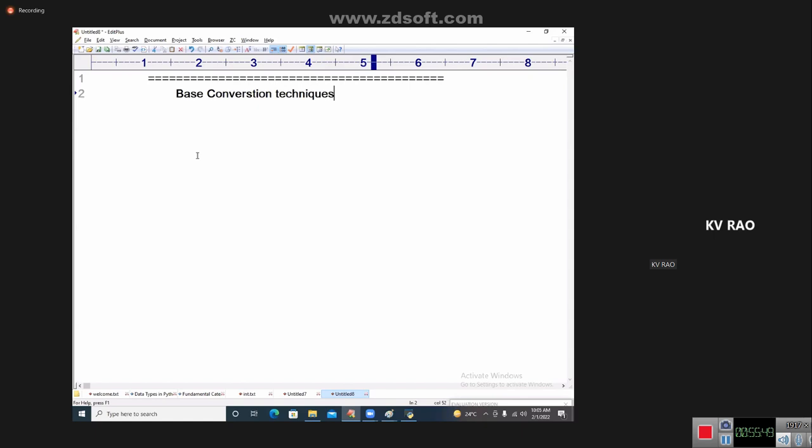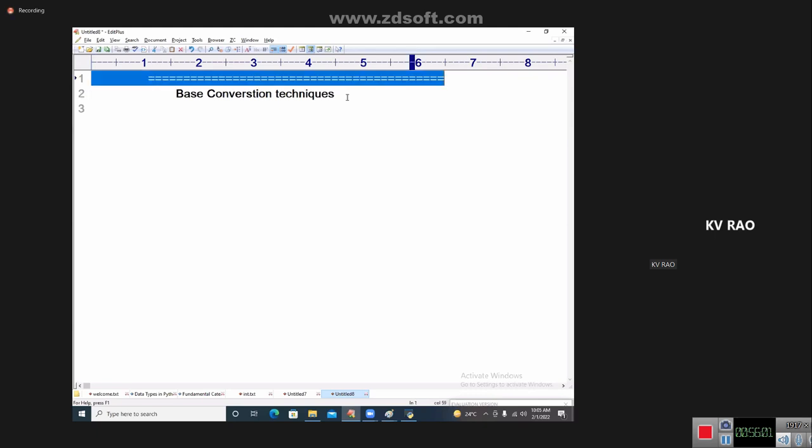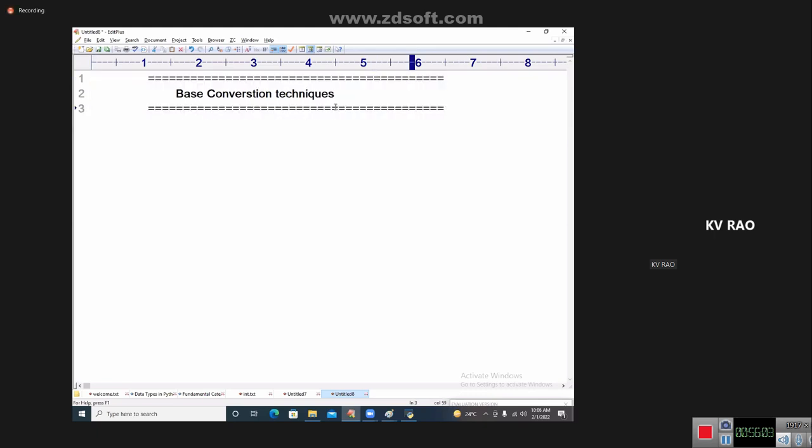I'm going to talk about base conversion techniques. What are these base conversion techniques going to be? I'm just going to explain here.